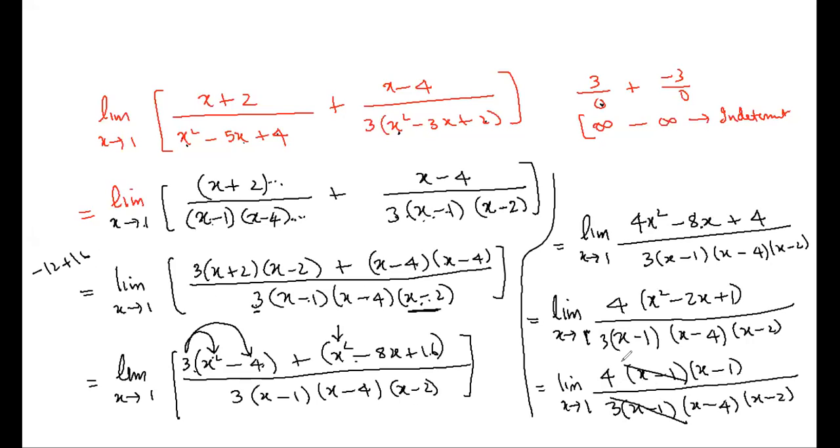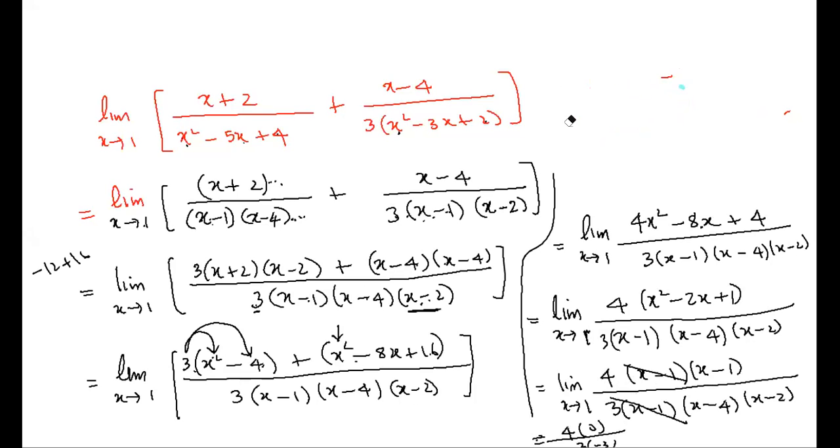Yes, sir. Now when I put x as 1, only numerator becomes 0, but denominator doesn't become 0. 3 into minus 3 into, I don't have space to write, so I'll write it over here with another color.